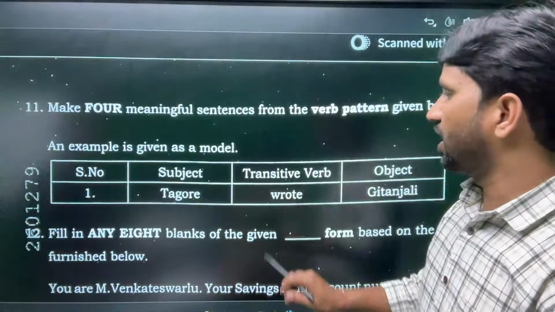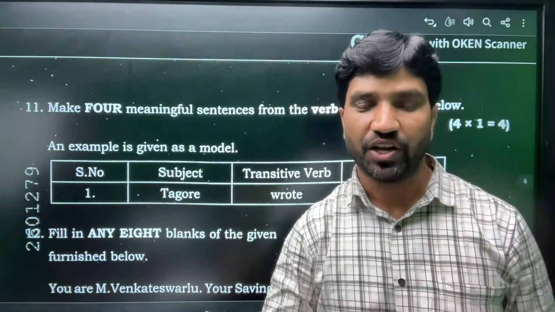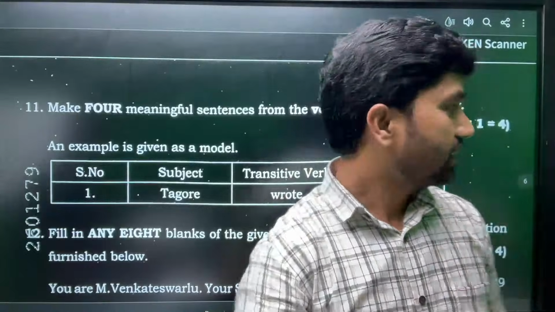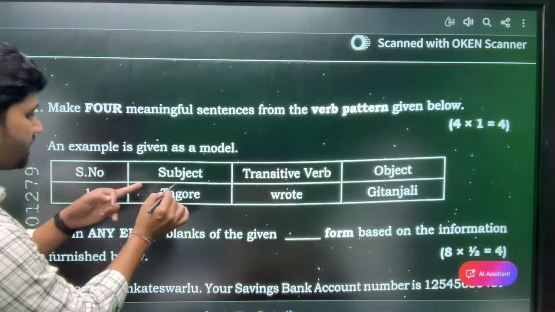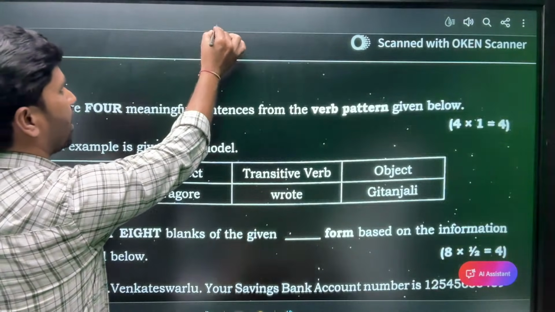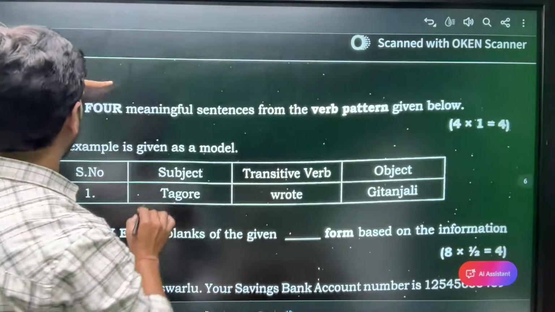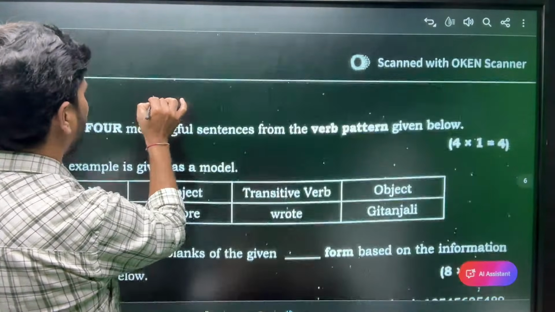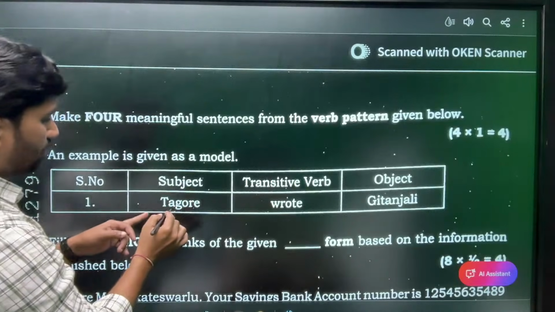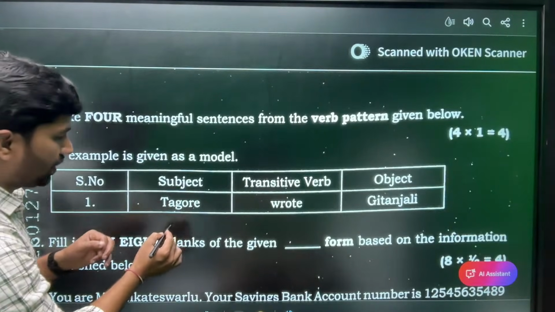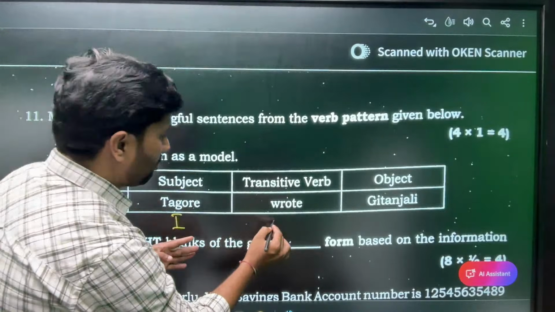Next, it is called verb pattern. Tagore wrote Gitanjali. What has Tagore done? He wrote Gitanjali. Instead of that, what we used to write? Tagore wrote, it's a subject. So instead of Tagore, we used to write I, we, you, they.